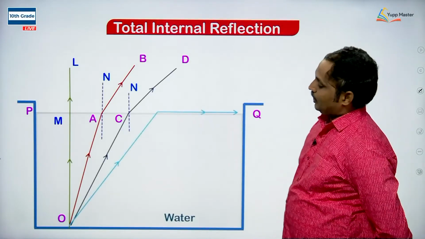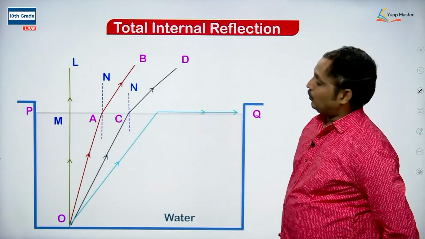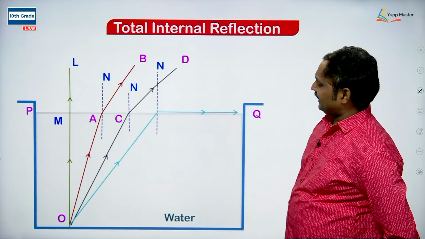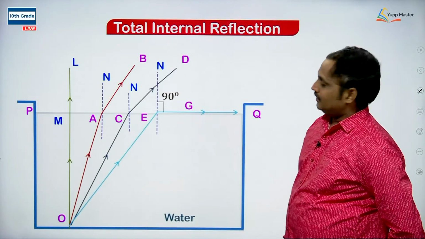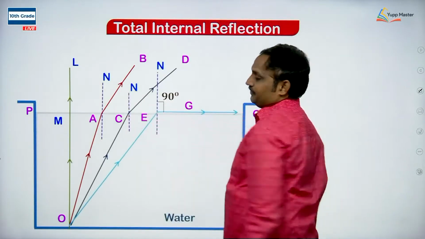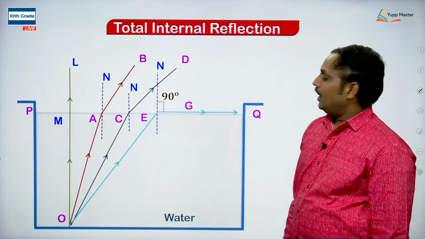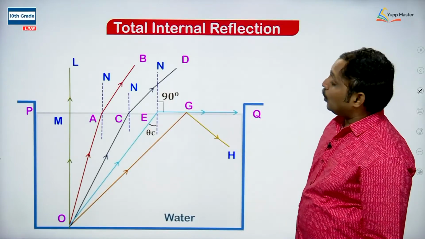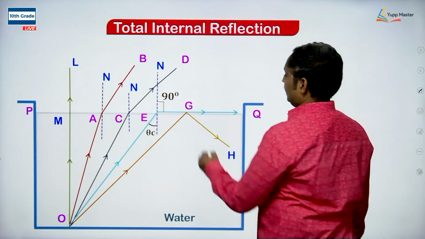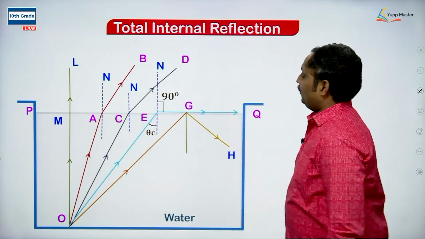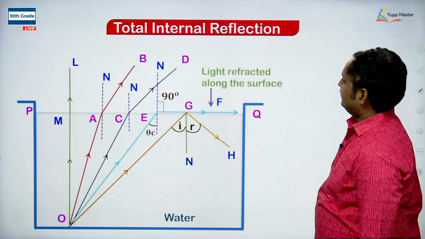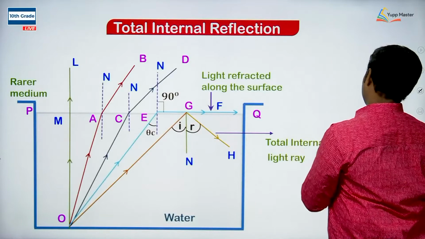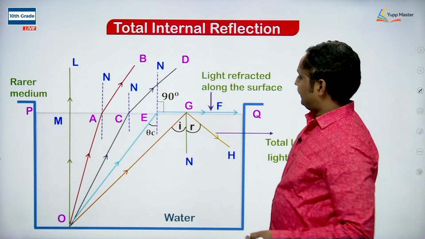You are going to take OA, OM, OC, and you can get OE. Here refraction will exist, but what happened, let's see, here OG is the angle, it is going to be a special case. You can take, this is the total internal reflected light ray. It is very clear.